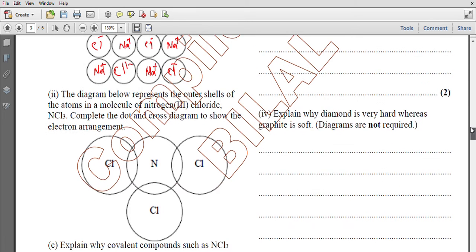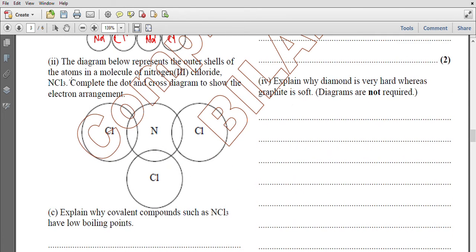The second part says the diagram below represents the outer shells of the atoms in a molecule of nitrogen trichloride, NCl3. Complete the dot and cross diagram. Nitrogen has the electronic structure 2, 5, with 5 electrons in its valence shell. Chlorine has the electronic structure 2, 8, 7, with 7 electrons in its valence shell.